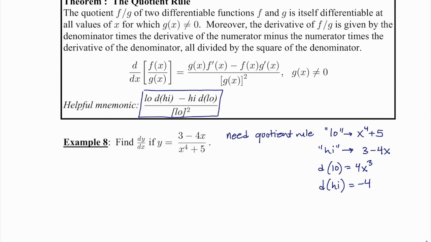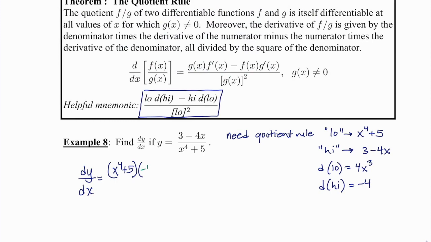Derivative of the denominator for d low, derivative of the numerator for d high. So when I put these pieces together, I would say dy/dx, low was x to the 4th plus 5, d high is negative 4.